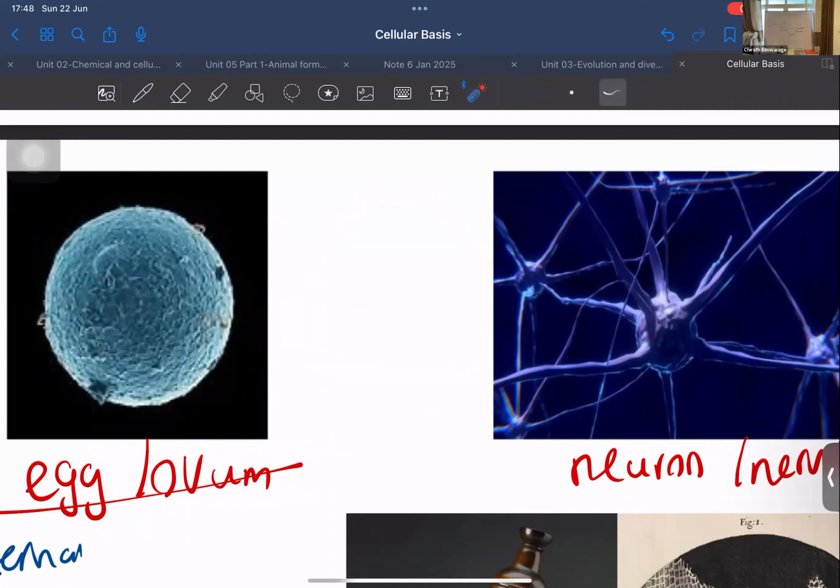They are not able to divide. Longest cells are your neurons, and they are not able to divide.